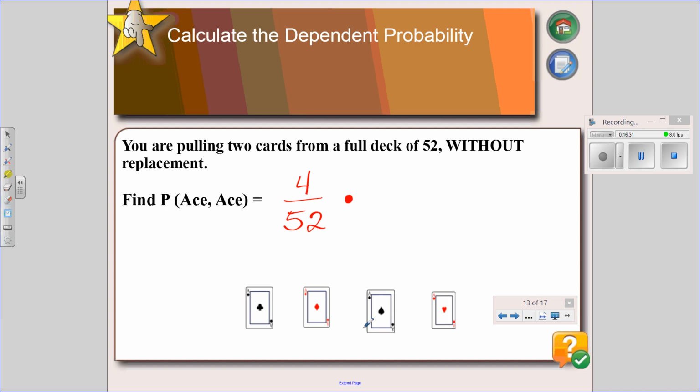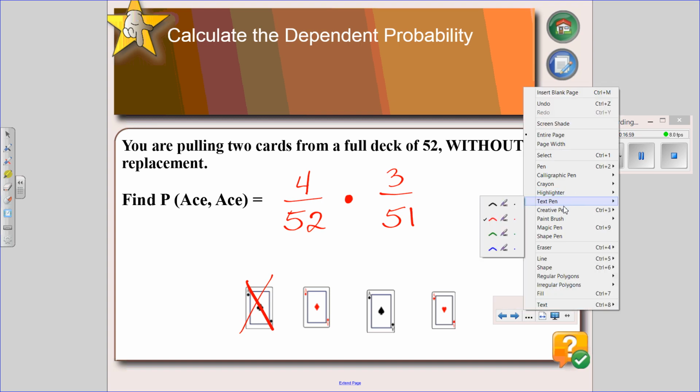Now let's say the ace of clubs got pulled. What is the likelihood of the next event happening? Well, now there are 3 aces left in a deck that now has 51. We're going to have to subtract 1 from the numerator and subtract 1 from the denominator because there's 3 aces left in a deck that now has 51 total cards. Actually, yeah, this can get simplified a lot.